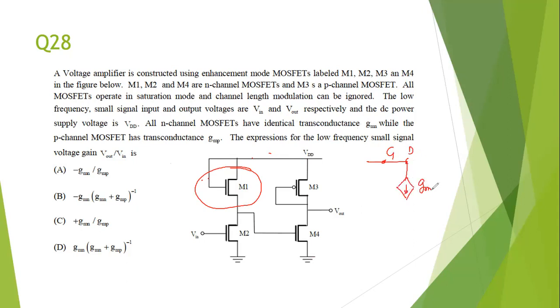This is transconductance GMN times Vi. This will be your source terminal, this is plus, this is minus. This will be your R0 value, and this is your current Ix and the potential Vx.